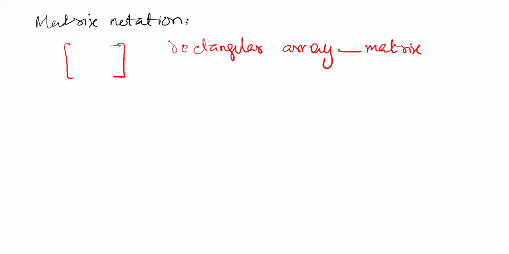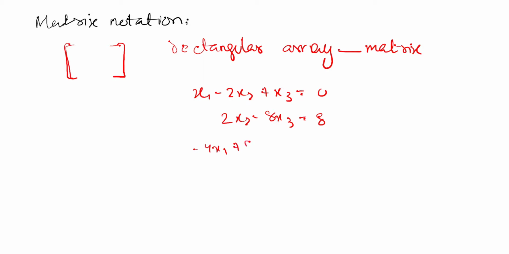We will see our practical application examples. So here is x1 minus 2x2 plus x3 is equal to 0, and 2x2 minus 8x3 is equal to 8, and here we have another equation: minus 4x1 plus 5x2 plus 9x3 is equal to minus 9.